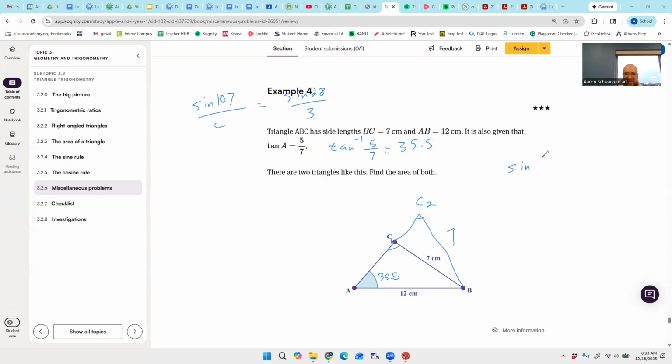Sine of C2 over 12 equals sine of 35.5 over 7.